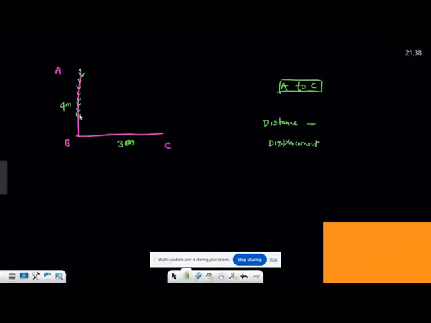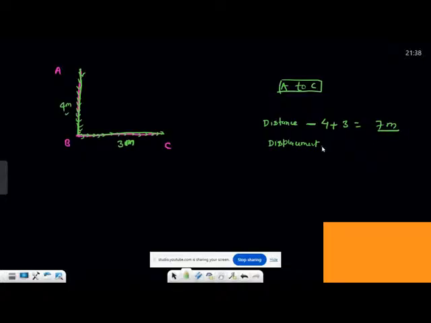The length of this path is 4 meter, and after that the length of this path is 3 meter. Then the total path length A to B and B to C is 4 meter plus 3 meter equal to 7 meter. Distance covered by the body is 7 meter.